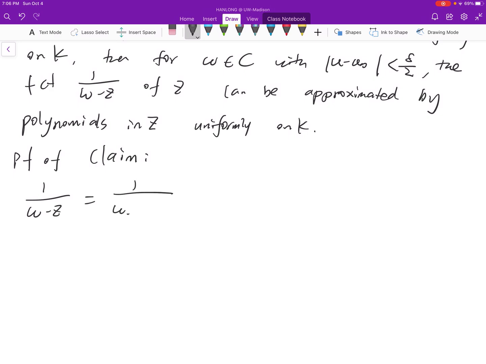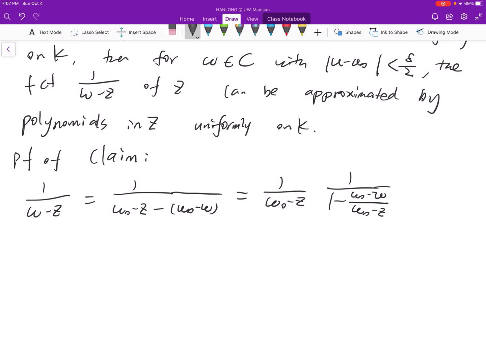We still want to do the Taylor expansion of the reciprocal of a linear function, and you have (omega minus omega_0) times 1 over (1 minus (omega minus omega_0) over (omega_0 minus z)).